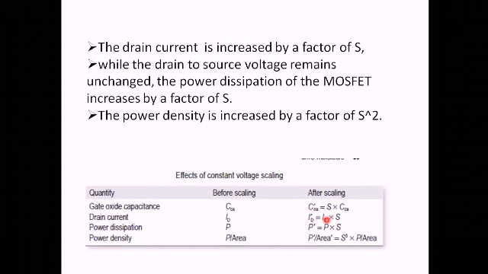This means that the drain current density, current per unit area, is increased by a factor of S cube, which may cause serious reliability problems for the MOS transistors.